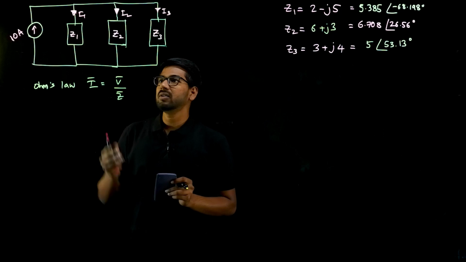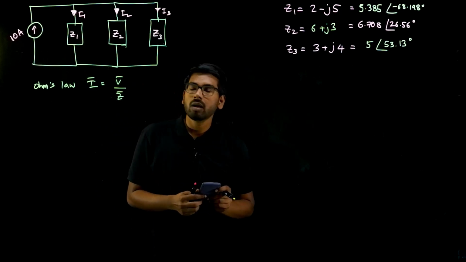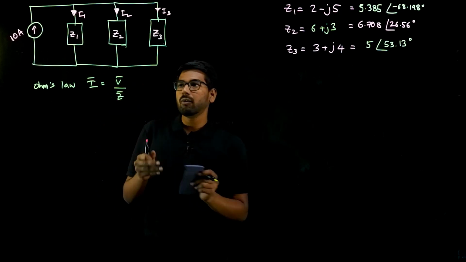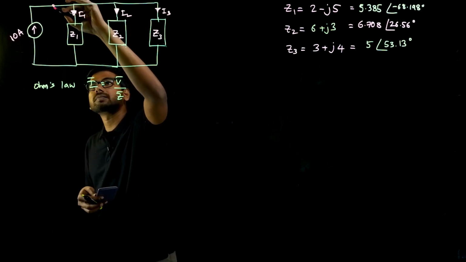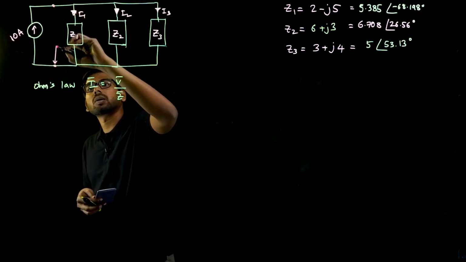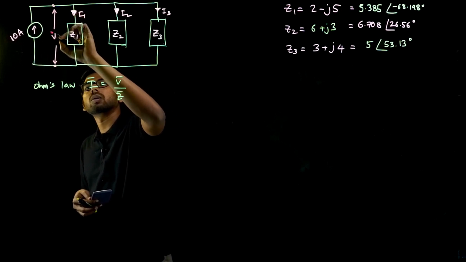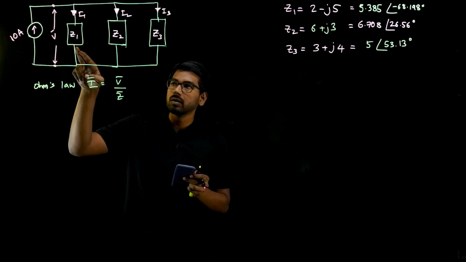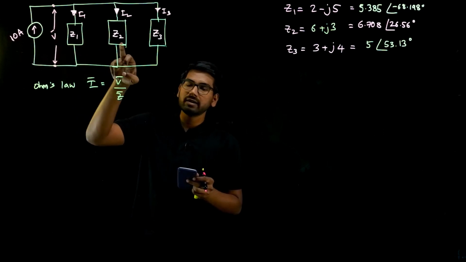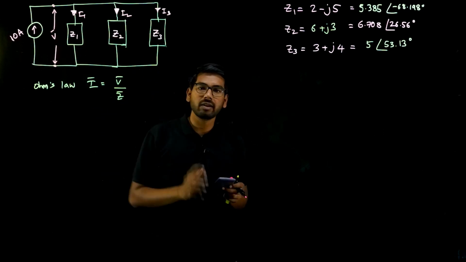So what is the voltage across Z1, Z2 and Z3? Since they are connected in parallel, the voltage across all three is the same. So V bar by Z1 will give us I1, V bar by Z2 will give us I2, V bar by Z3 will give us I3.